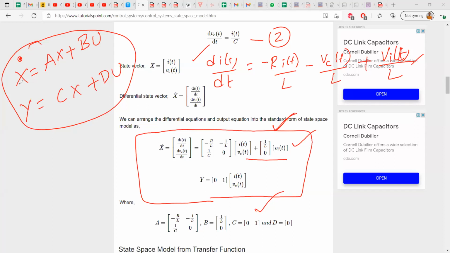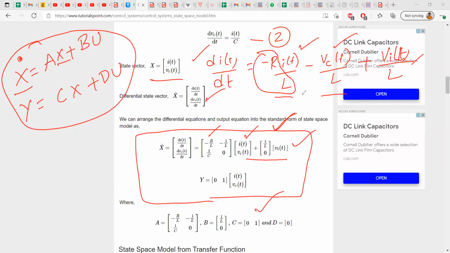X dot, which is nothing but this one, equal to A into X. What is X? State vector. We have written here. So in the first equation, if you observe I of t and Vc of t, the first two terms, minus R by L is one element.